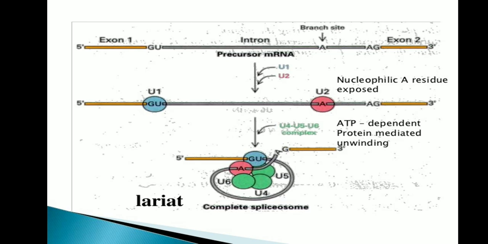The splicing reaction is catalyzed by the spliceosomes, which are composed of many proteins as well as small nuclear ribonucleoproteins, that is snRNPs. In this figure the mechanism of splicing in pre-mRNAs is shown, right?